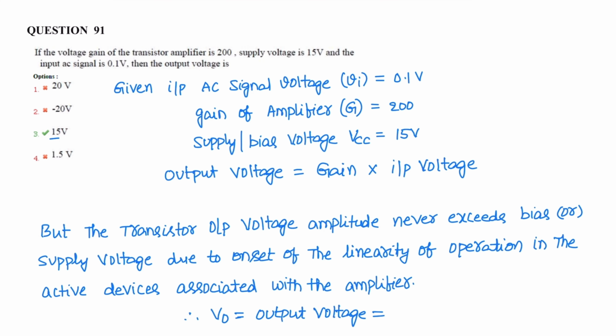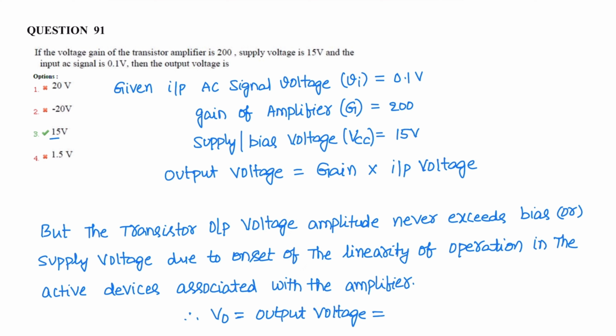Question number 91. If the voltage gain of a transistor amplifier is 200, supply voltage is 15 volts and the input AC signal is 0.1 volt, then the output voltage is. In the question, given input AC signal voltage is 0.1 volt, gain of amplifier is 200, bias voltage VCC is 15 volts.